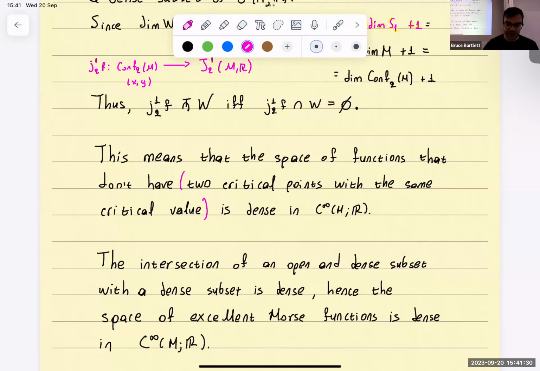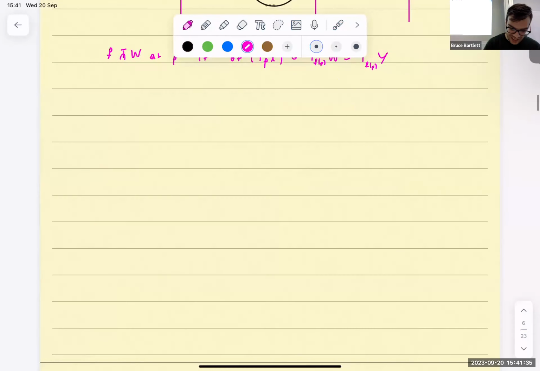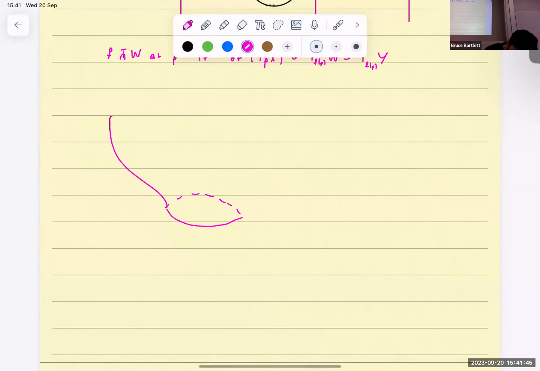I'll go to the extra page that we introduced earlier, and here is a picture of something.